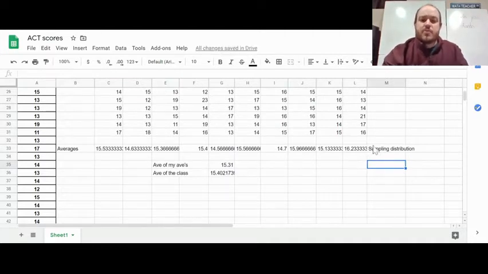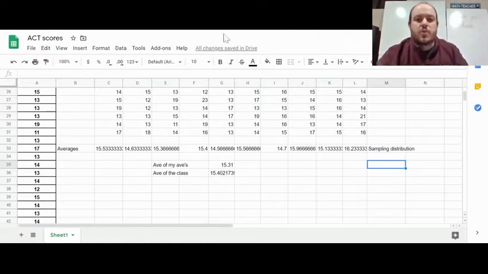Now, there's a bunch of really interesting features about the sampling distribution, and it will become extremely important for us in the chapters coming up because it's what we're going to use as a foundation for our probability questions and a foundation for trying to prove certain facts in the world, correct or incorrect.